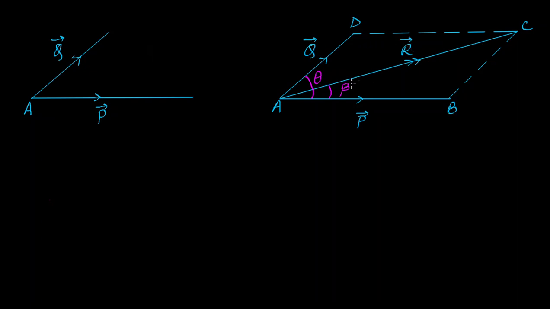Got it? So here, theta is the angle between the two vectors P bar and Q bar, and beta here is the angle that the resultant makes with the vector P bar. Okay, so again, let us find the magnitude and direction of this resultant vector. For that, we have to do a little bit of construction.